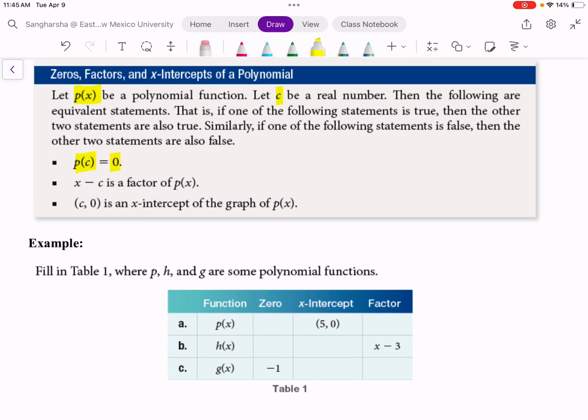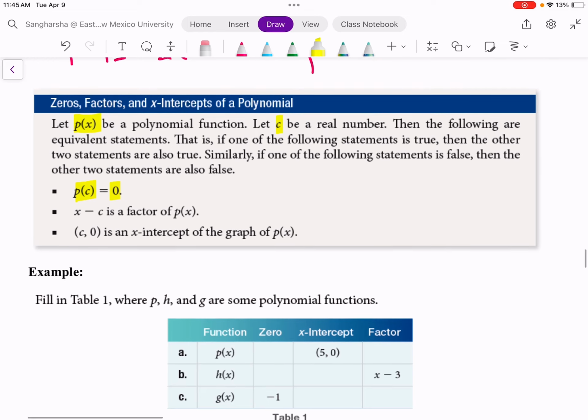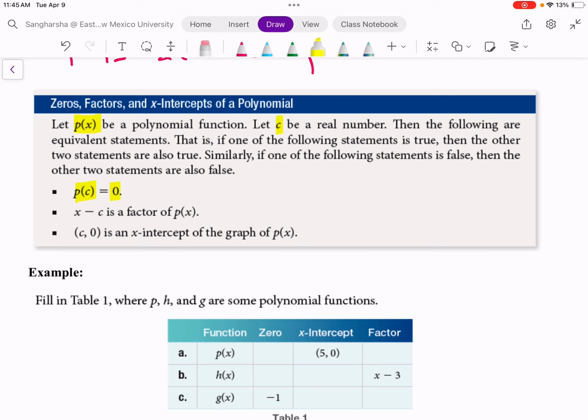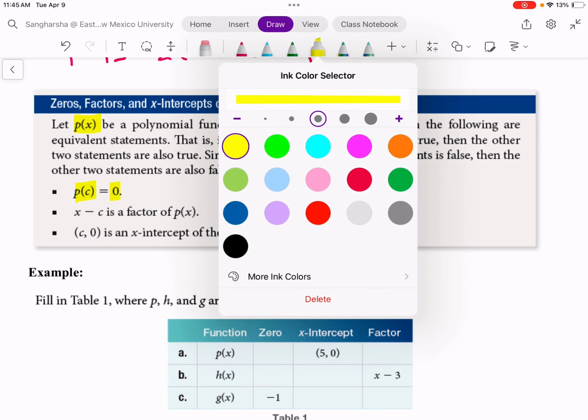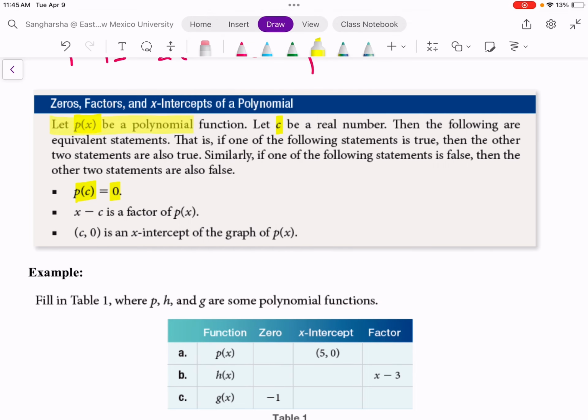They forgot to mention, we don't know what c is here. Let me say here c is a real 0, and just erase the remaining. We don't need the remaining. So let p of x be a polynomial function and c be a real 0.